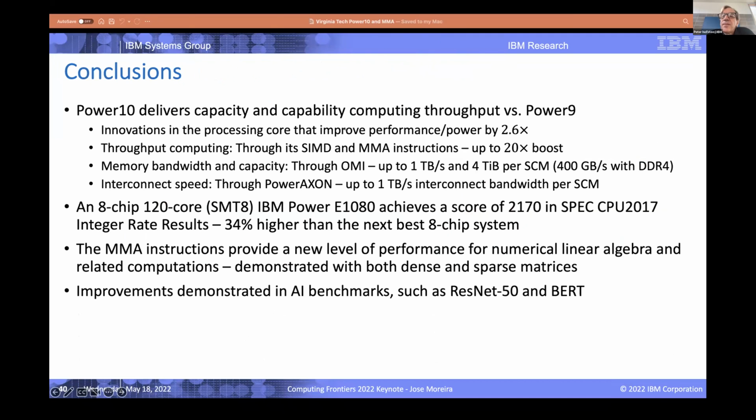So I talked about inferencing, when I showed the BERT large and ResNet 50 type models, but that's on large models. Inferencing on large models also becomes floating point dominated. There's nothing that stops you from doing training on a Power processor as well.